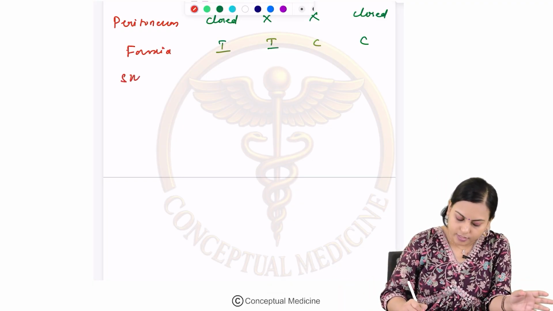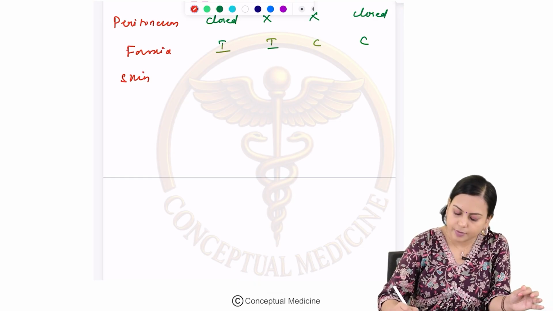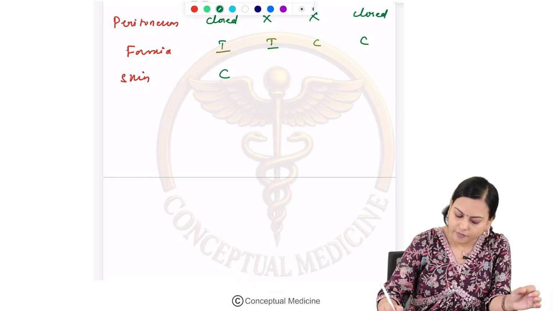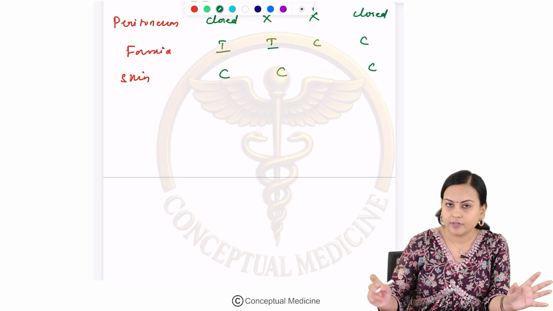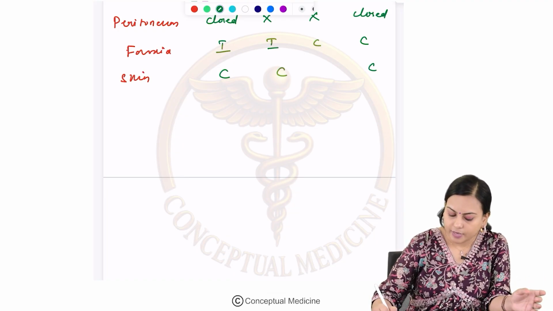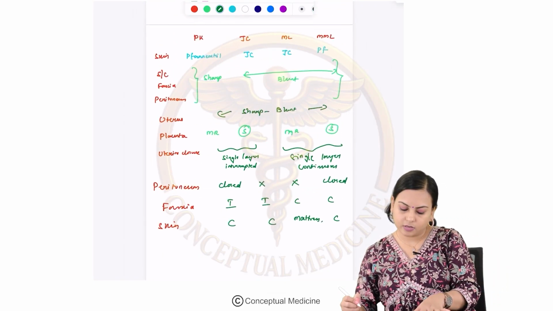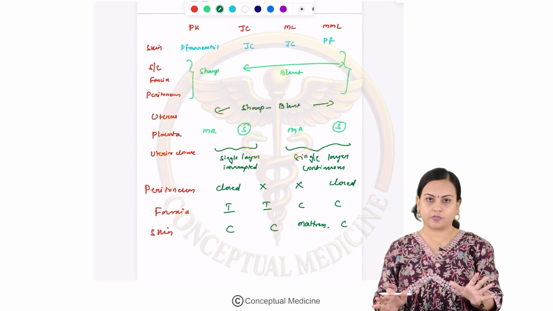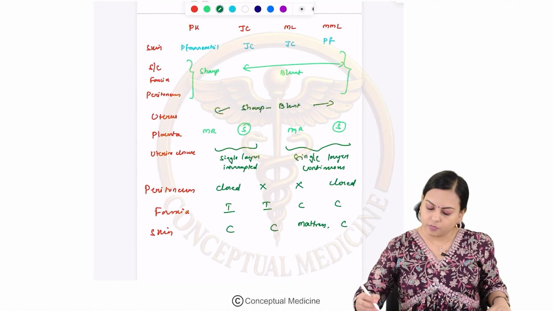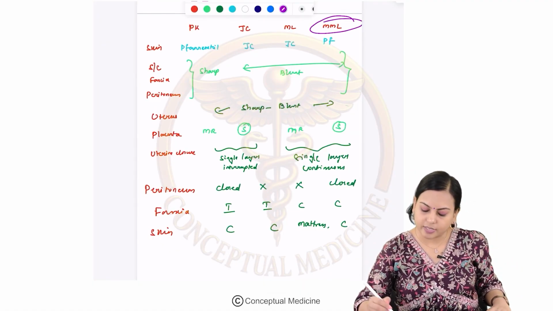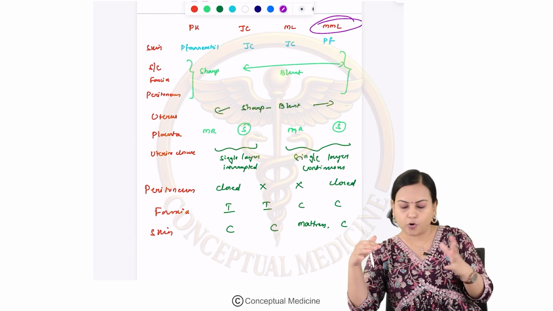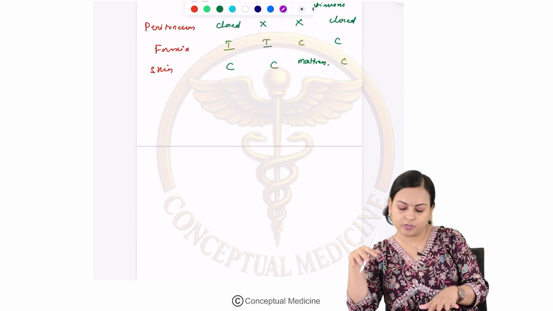Then about the skin closure, mostly we will be preferring continuous suturing, whereas in the Misgav Ladach technique alone, we will be preferring a mattress suture. I hope this explains the difference between the various types of cesarean section, and mostly these days the modified Misgav Ladach technique is the preferred one because it is a combination of all the positive things.